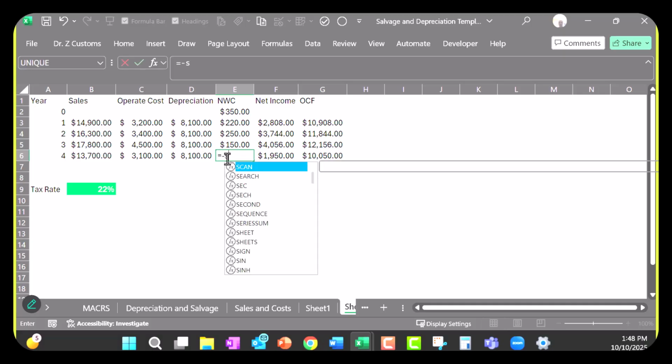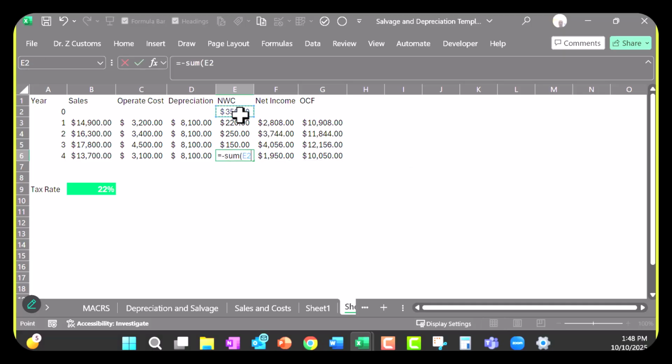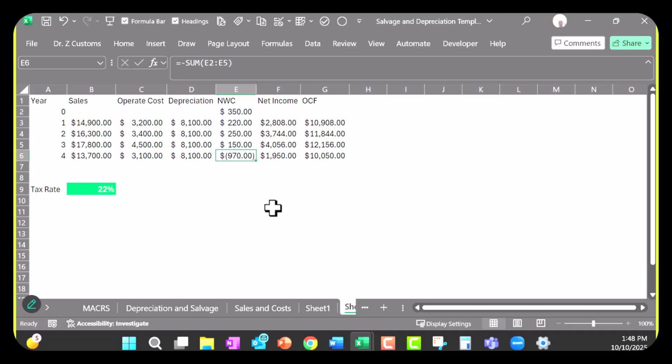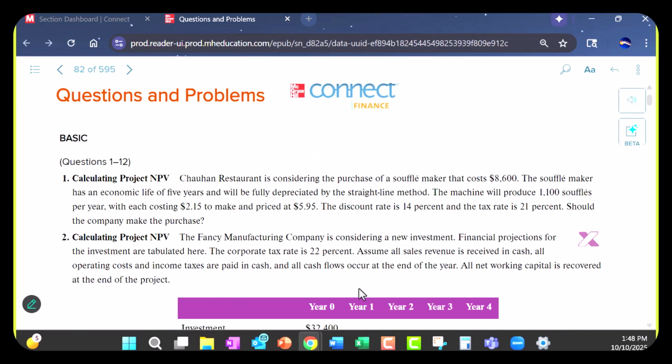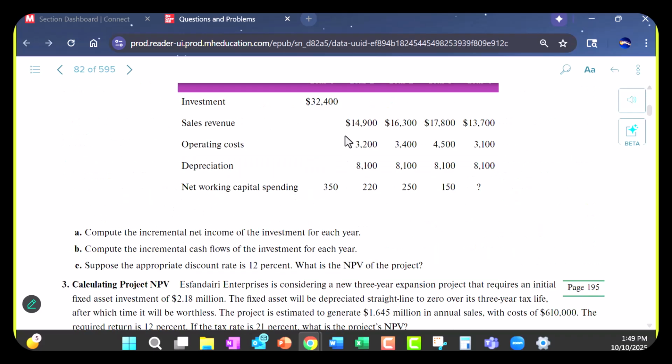So it's negative of some of these. And we also have $32.4.